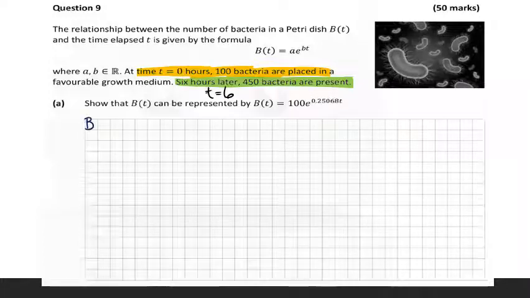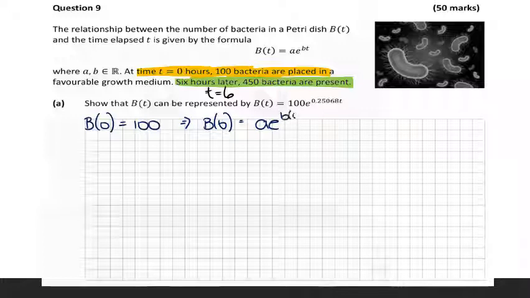So when time equals 0, B(0) is 100. That means that when I sub in 0 for t, I get 100.